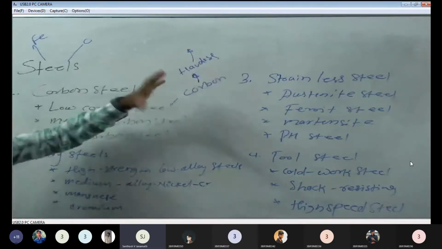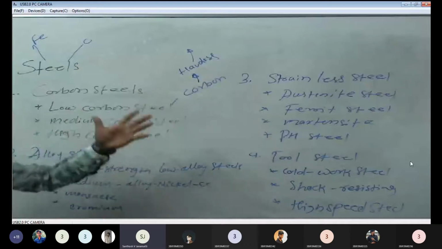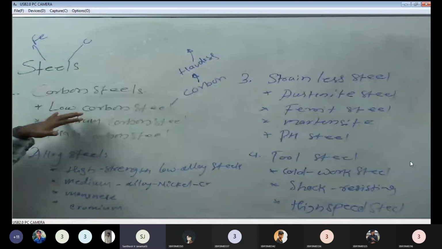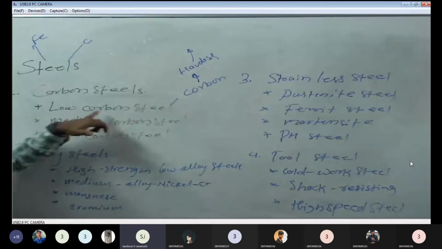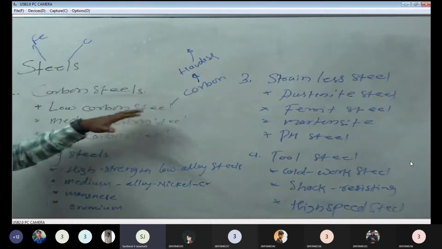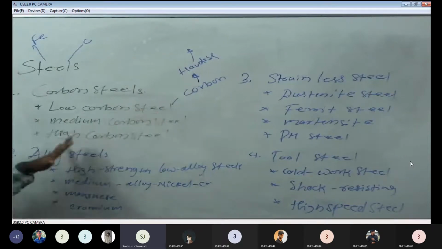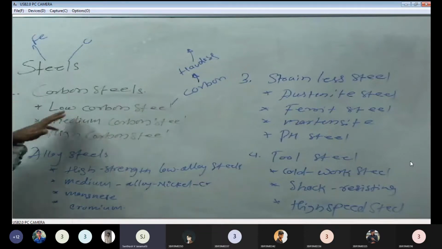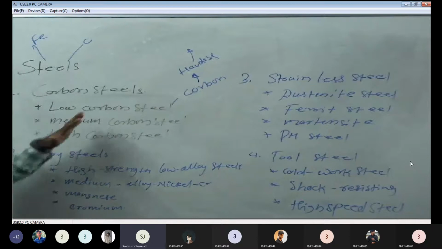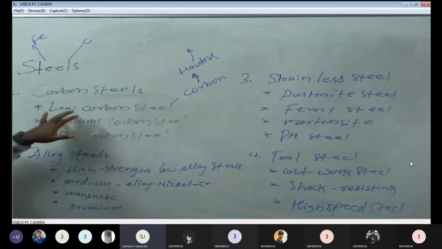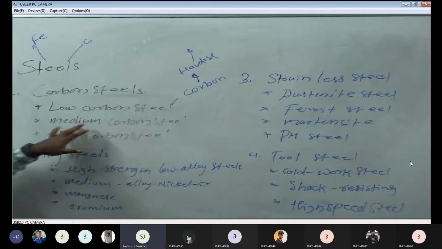Based on this and on the applications for which we are going to vary the carbon content, as I highlighted here, there is low carbon steel and medium carbon steel.